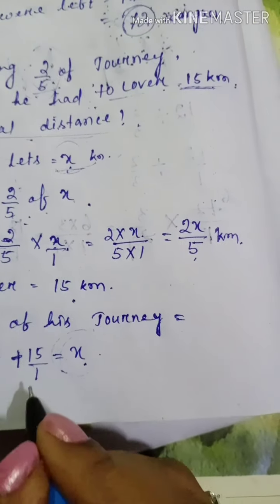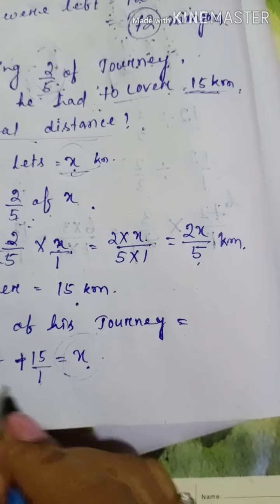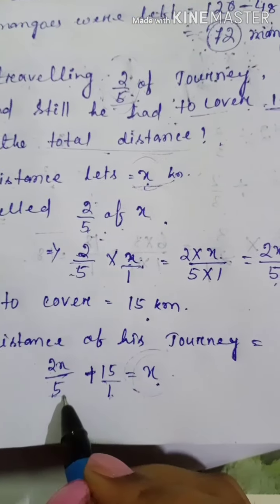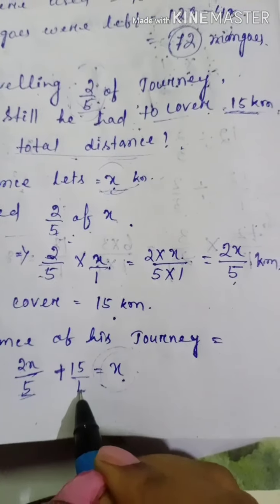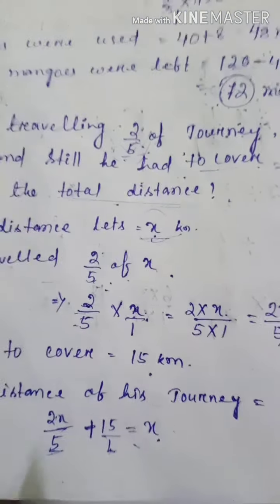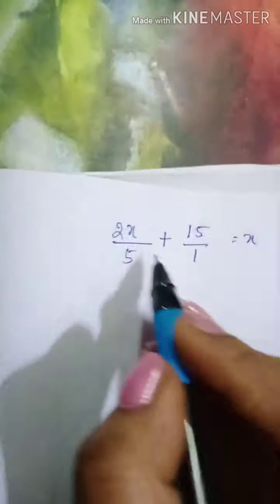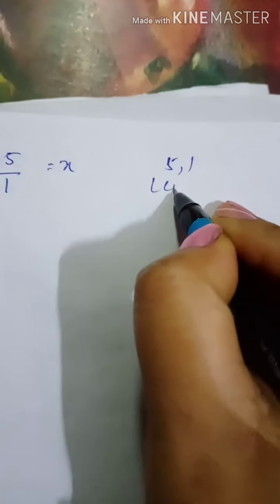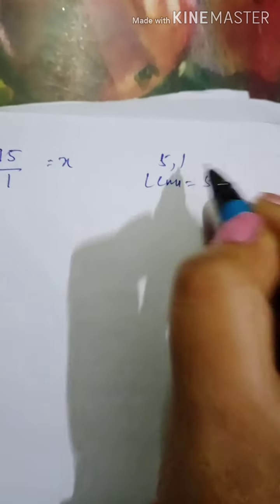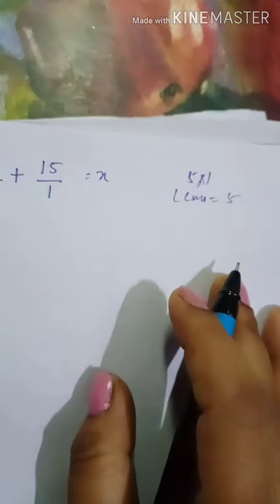Here 2x by 5 and 15 by 1 are unlike fractions, the denominators are different, so you have to take out the LCM. 5 and 1 LCM is equal to 5.